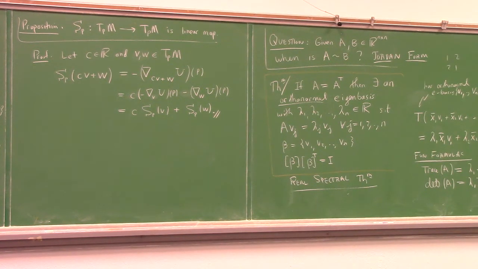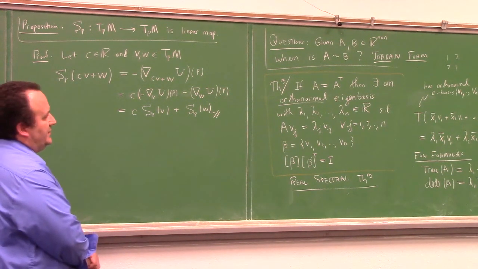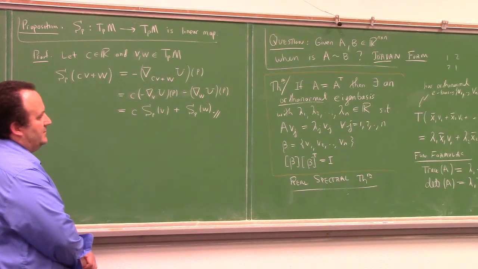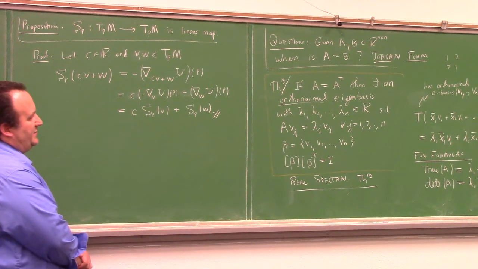I think we can argue with our current technology that this is in fact a map for which the matrix is a symmetric matrix. Now, if the matrix of a linear map is symmetric, what would that mean about the map directly?